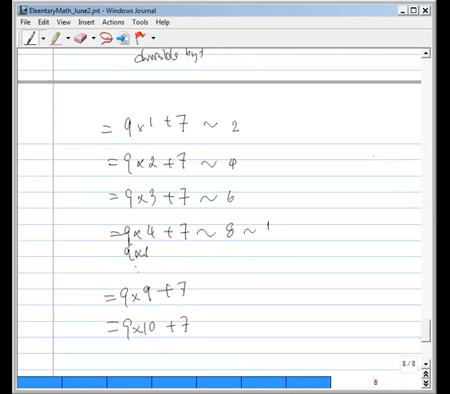Then 9 times 5 plus 7, the remainder is 10, and divided by 7 that changes to 3. Let me quickly erase that. So we only consider the remainder, right? And then 9 times 6 plus 7, we get 12, and the remainder divided by 7 is 5. Okay, this is the number.